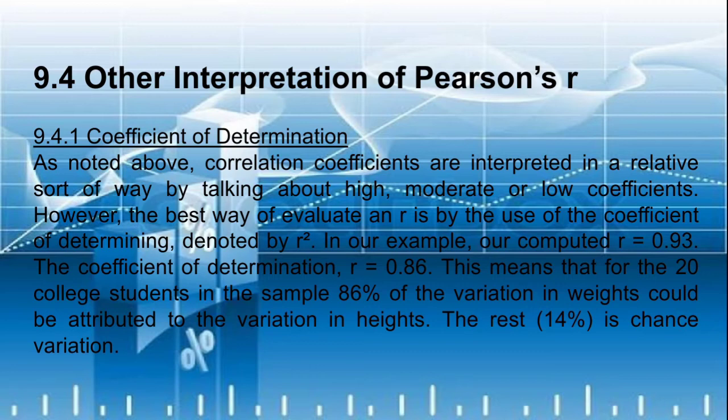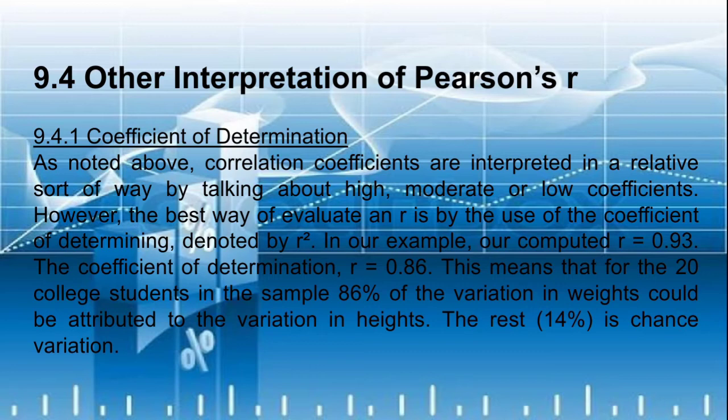In our example, our computed R is equal to 0.93. The coefficient of determination R squared is equal to 0.86, because 0.93 squared is 0.86 something. So always remember, you can get two digits after the decimal point.